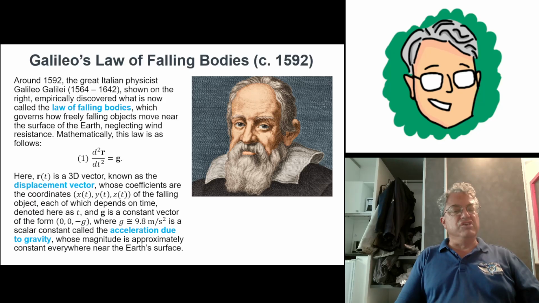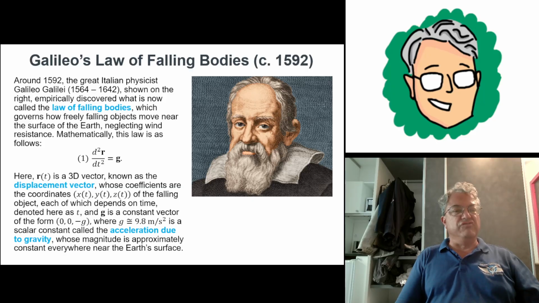So then what the law of falling bodies says is that the second derivative of its displacement is equal to this constant which we call g, which is known as the acceleration due to gravity. So the acceleration due to gravity is another vector. It's a vector that always points downward. Actually it points towards the center of the earth.